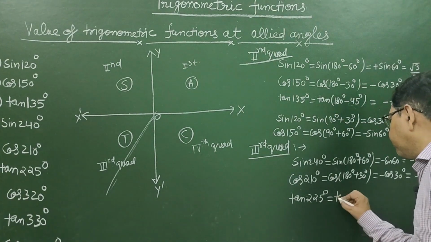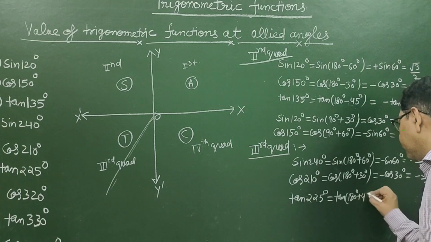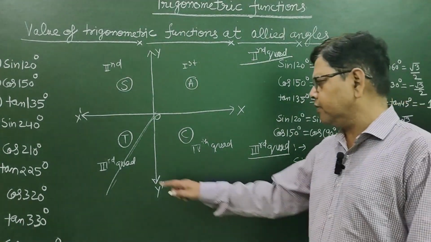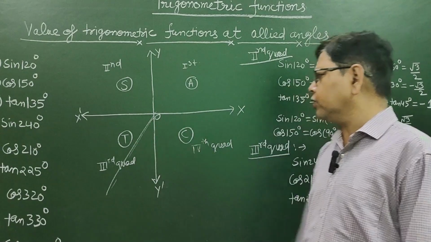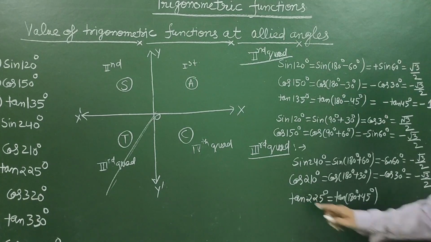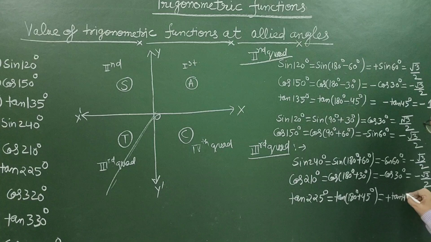So tan of 180 degree plus 45 degree. And in the third quadrant, tan is positive. Tan is here, tan is positive. So this is equal to plus tan 45 degree, which is equal to 1.